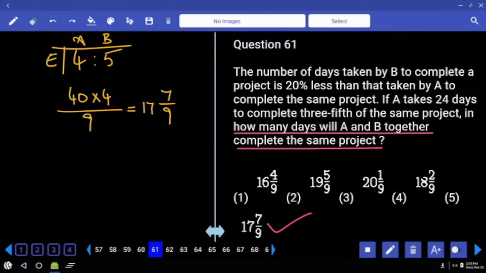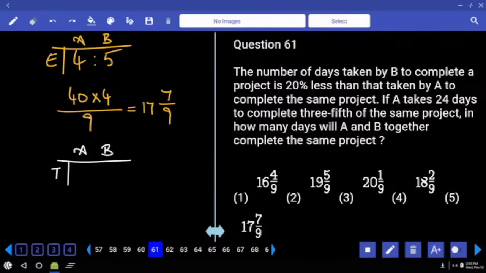Understood? This is one way. The other way, if you talk about only time, A and B, this calculation is required. 3 parts of work is done in 24 days, 1 part will be done in 8 days. Total work will be done in 40 days, so A can complete the work in 40 days. B takes 20% less, right? That means 32.